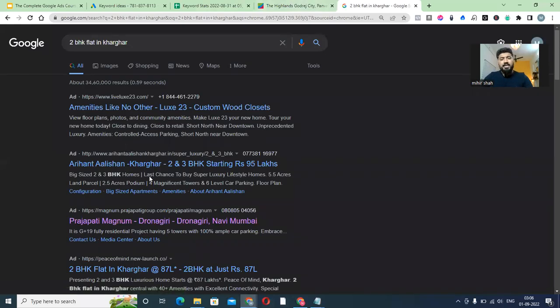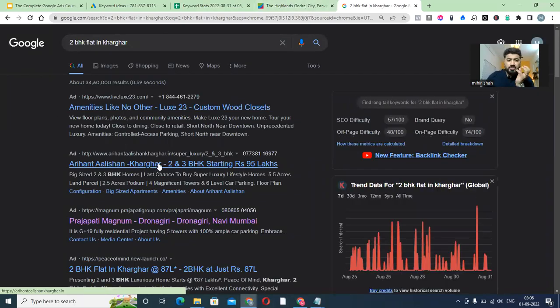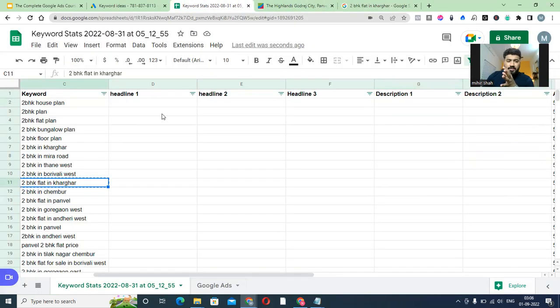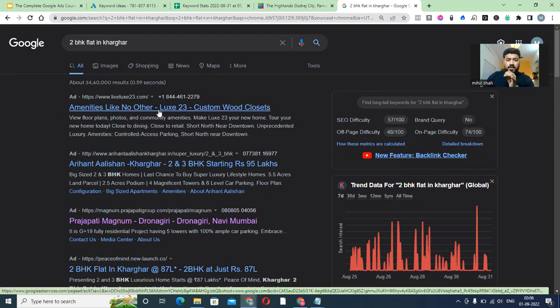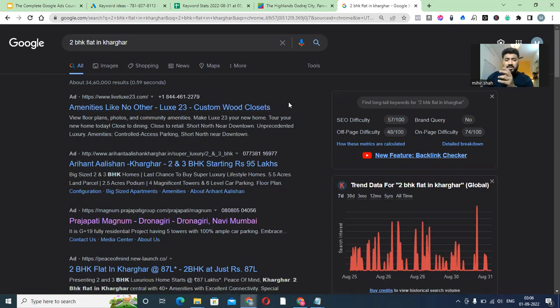What you see is that an ad has a structure. There are 1, 2, and 3 headlines. In most cases, you will see either 2 or 3 headlines, but a minimum of 2 headlines is what you will see. In this case, amenities like no other, Lux 23 custom boot closets, right? So these are basically 2 headlines, which when read together come across as one.